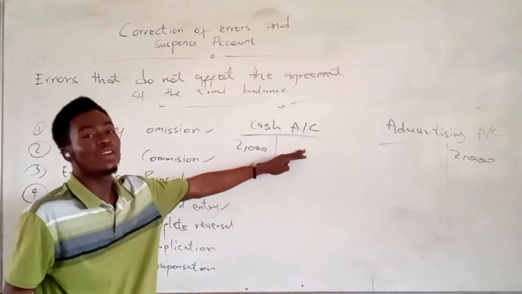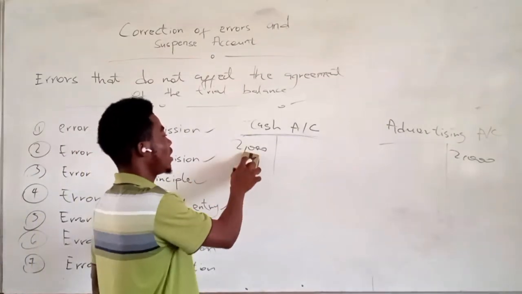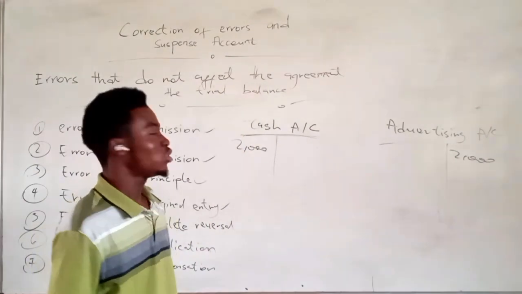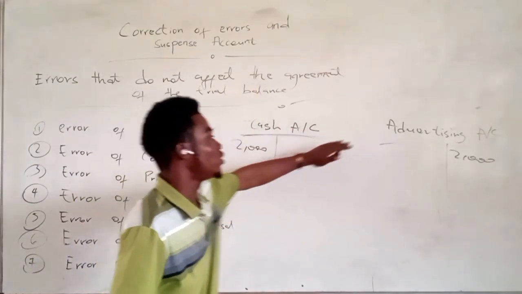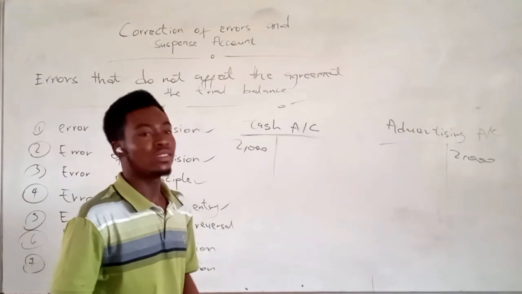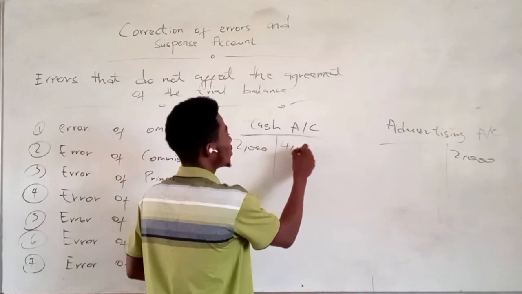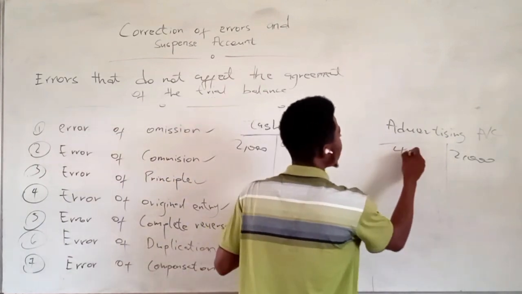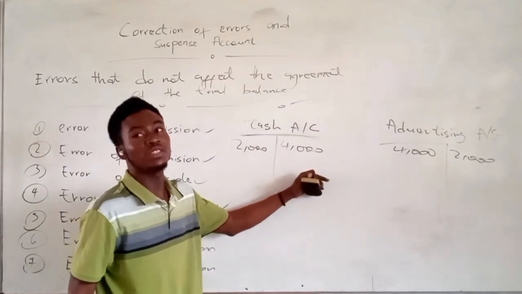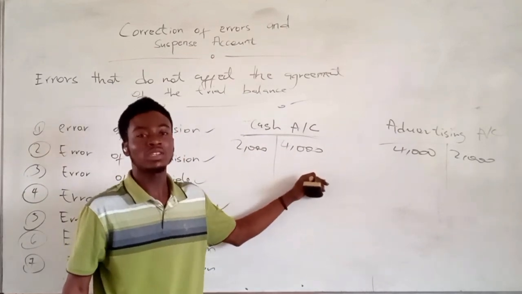In order to correct this, we have to double the amount and record it at the opposite side of the account. So we have 2,000 at the cash and 2,000 at the advertising. When you multiply it by 2, you get 4,000. So you have 4,000 here and 4,000 here. That 2,000 will be cancelled out, leaving the 2,000, and the transaction is recorded correctly.